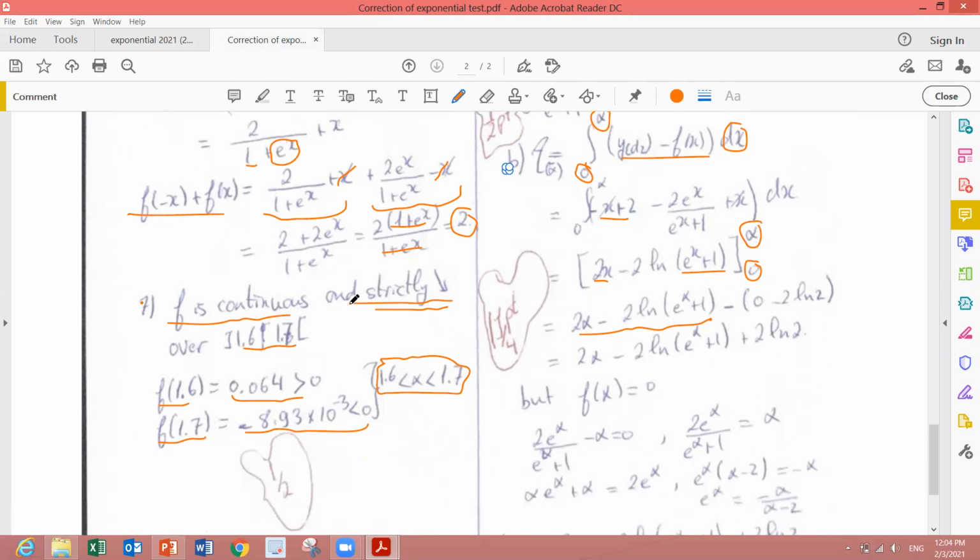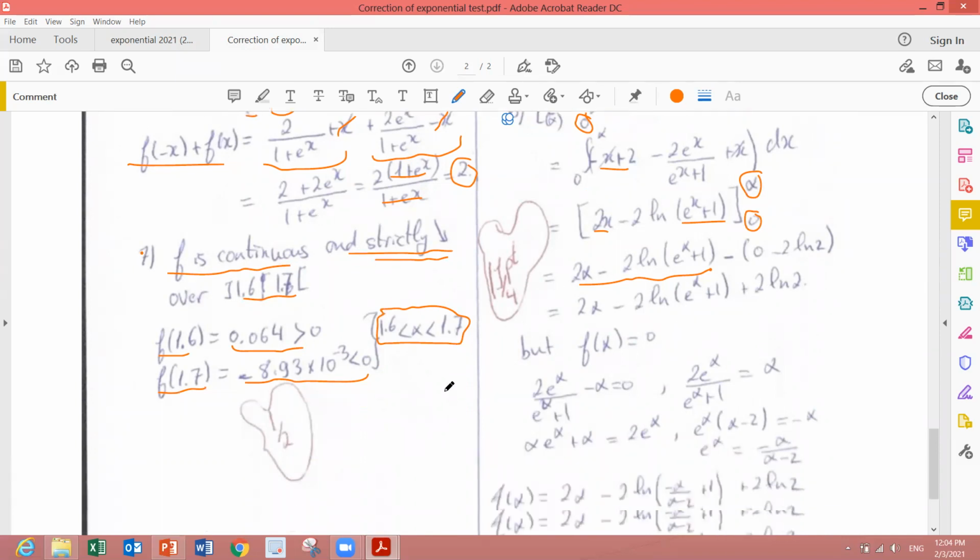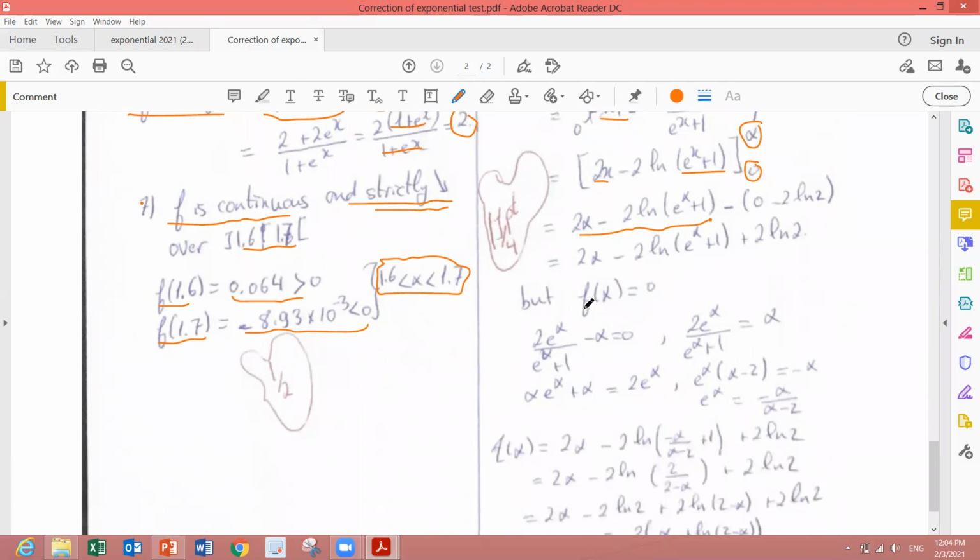But we don't reach the result. We have to remember that f of alpha equal to 0. It means 2e to the alpha over e to the alpha plus 1 minus alpha equal to 0. I have to determine e to the alpha in terms of alpha.